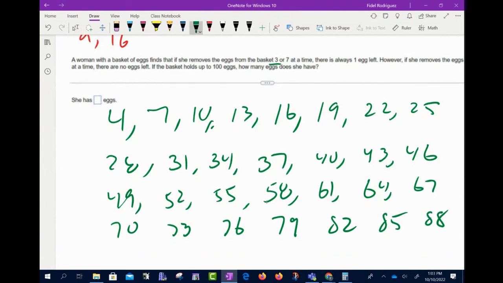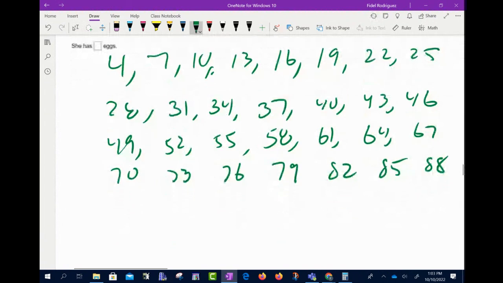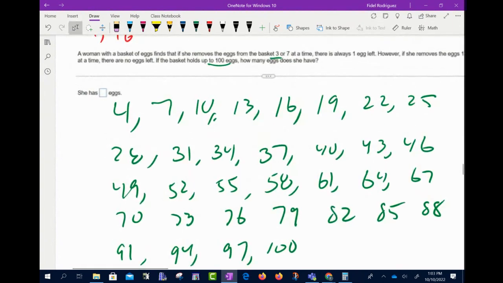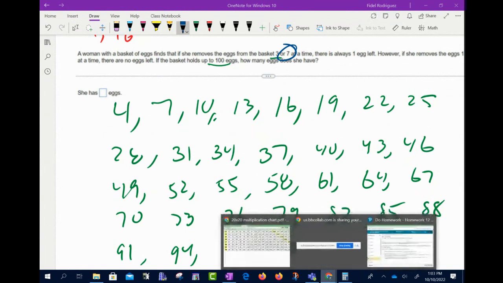I'm going to stop because it says it holds up to 100 eggs, so I want to make sure I don't go over 100. 88 and 3 should be 91, 94, 97, and I'm going to stop right there at 100, okay?